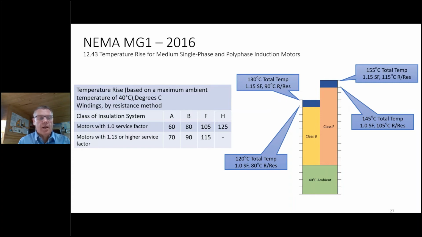So class B would be, depending on service factor, an 80-degree rise, and then we add a 10-degree hotspot allowance. When you add the 40, the 80, and the 10, that is where we arrive at the 130. And if we do that with the F, we add those numbers together to get the 155. This chart doesn't show H.